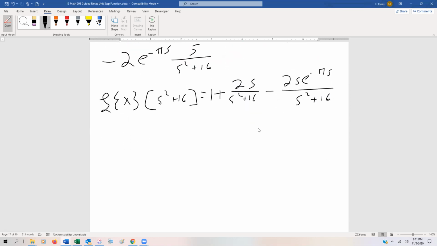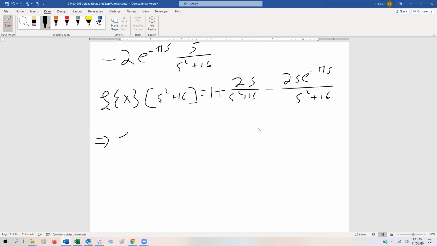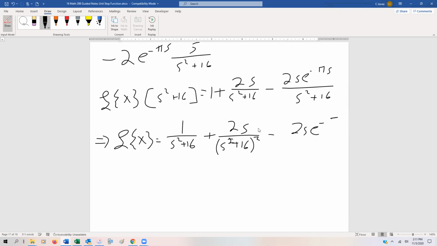So that's going to be equal to Laplace of x equals 1 over s squared plus 16. We like it. Plus 2s over s squared plus 16 squared. Could be worse. Minus 2s e to the minus pi s over s squared plus 16 squared.